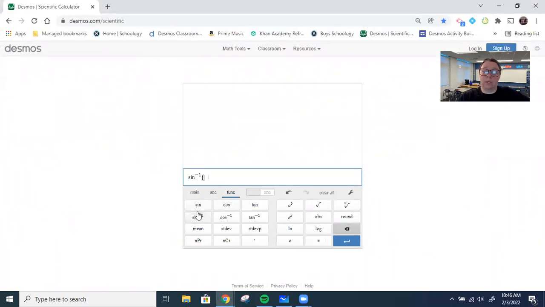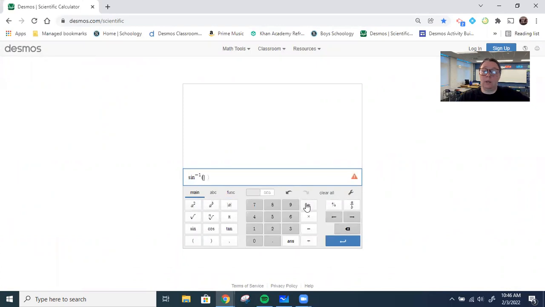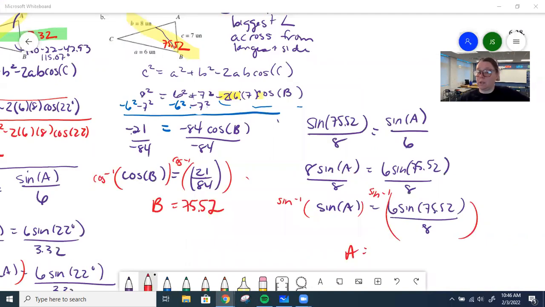I would have the inverse sine, and then a fraction: 6 times the sine of 75.52, divided by 8. And then you get 46.49. So that's my angle A.